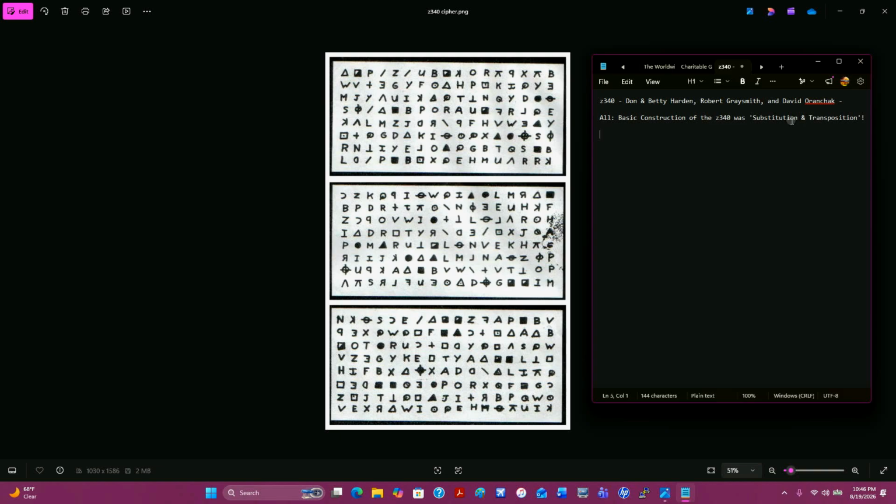For people who don't know what that means, right? So if you're going to do a substitution, let's say A equals the number 1 position in the alphabet, B equals the number 2 position in the alphabet, C equals the number 3.